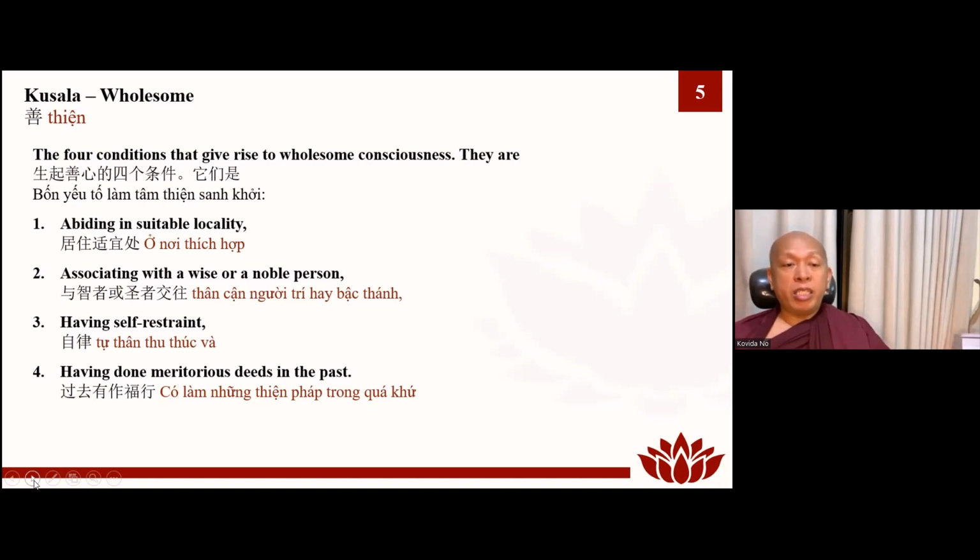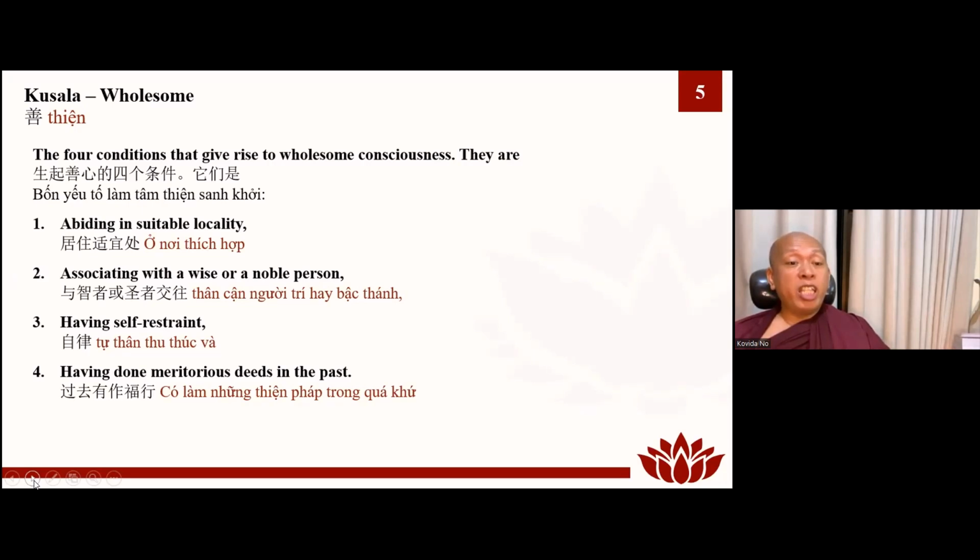What does that mean? Sometimes our environment can also affect our lifestyle. If we are living in a good community, although our behavior is not really very good, we have to train ourselves to be good, because the community doesn't accept that behavior.